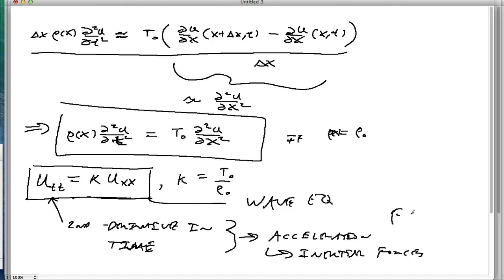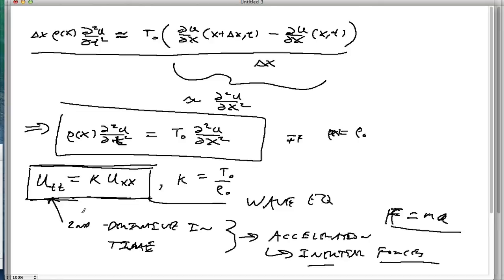That's F equals ma. So anytime you see a second derivative in time, you're immediately thinking in terms of mechanics, in terms of motion of masses. Mass is playing a role in your problem, and you have an F equals ma showing up.